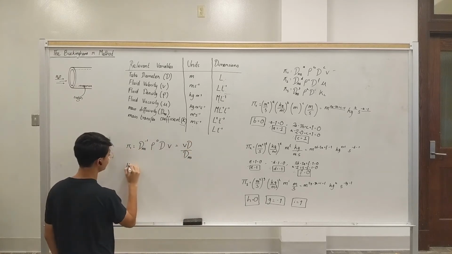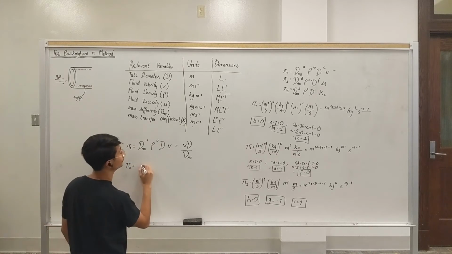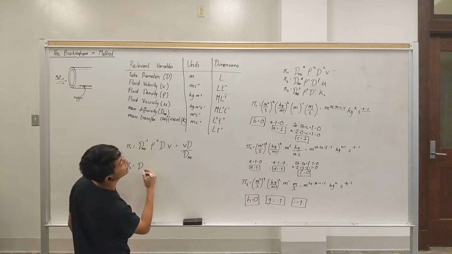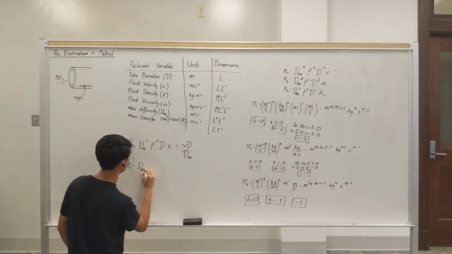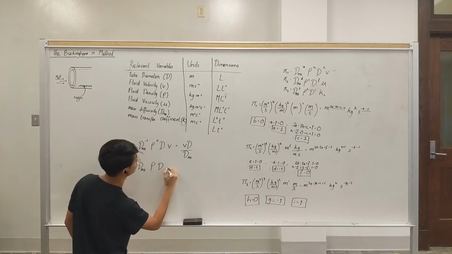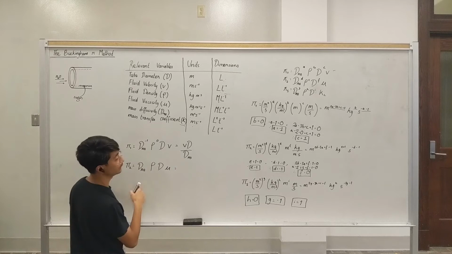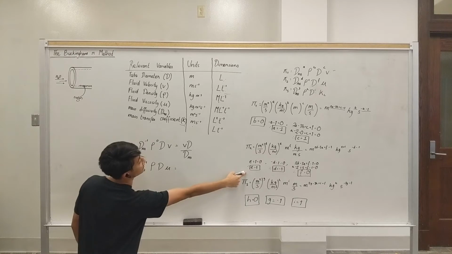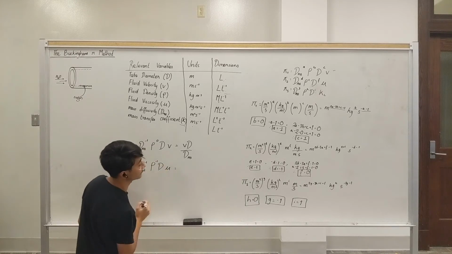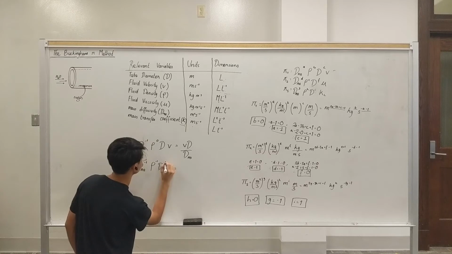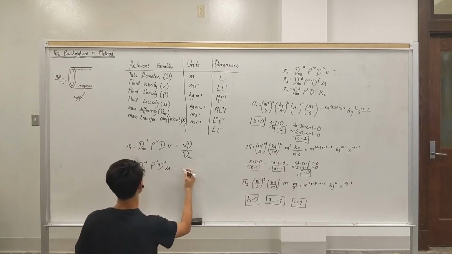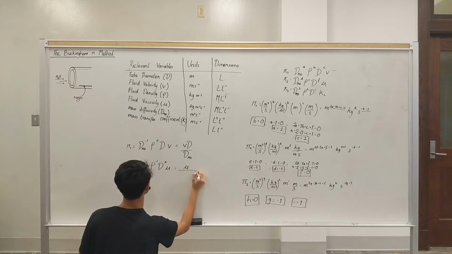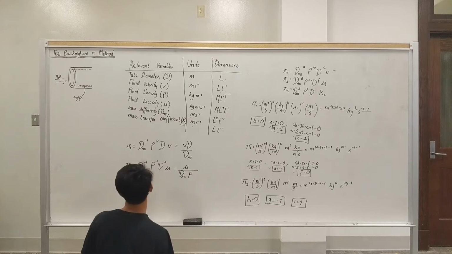And then our pi 2 is equal to, my bad, it's actually diffusivity coefficient, density, diameter, mu, and here we're going to raise this to the power of -1, this to the power of e, which is also -1, and finally f, which is equal to 0, and here we get viscosity divided by diffusion coefficient times the density.